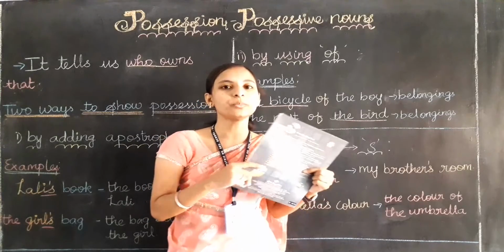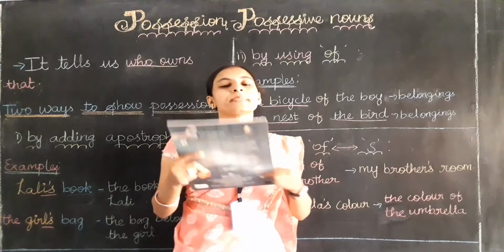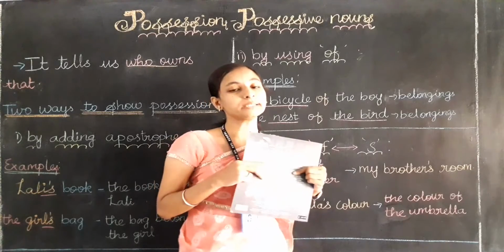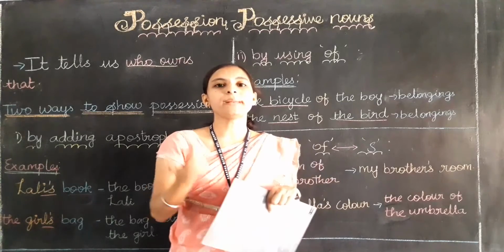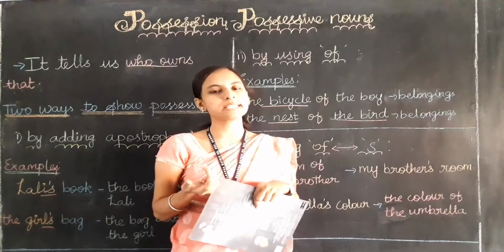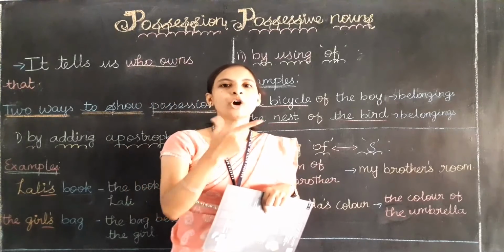The book of Kumar. Suppose this book belongs to my mother. How can I say? The book of my mother. Suppose a plate belongs to my brother, how can I say? The plate of my brother.